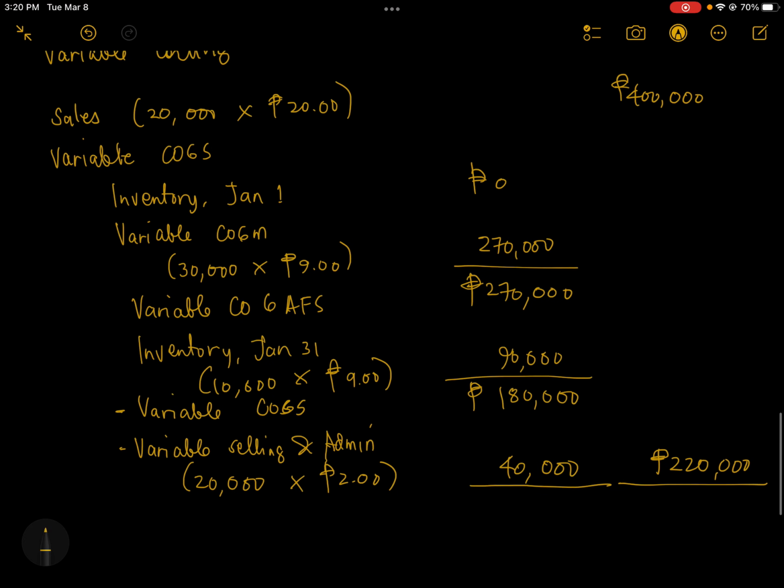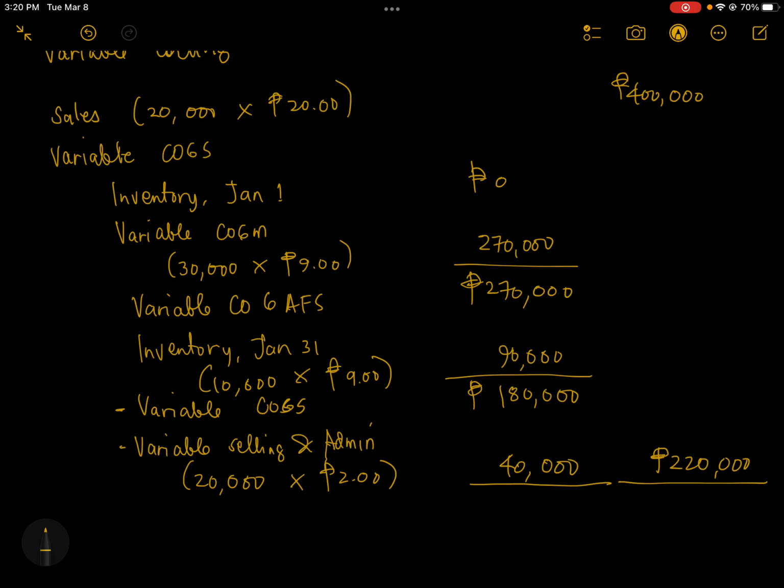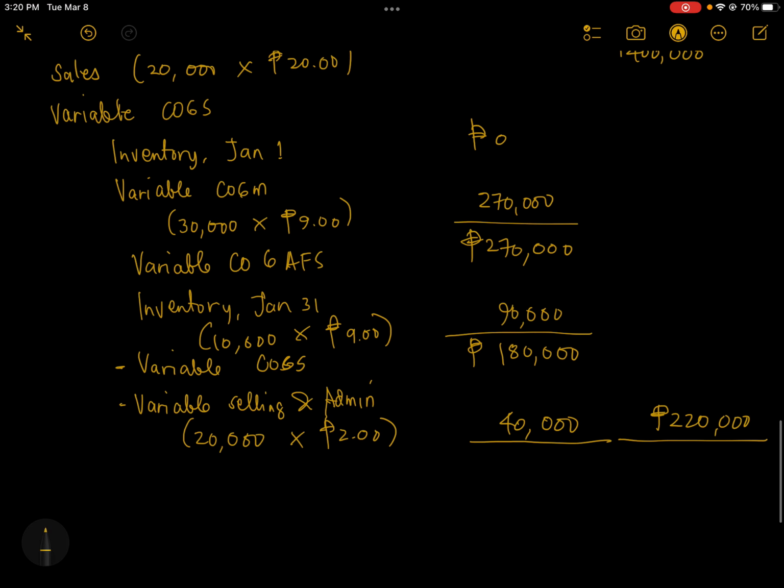And so 400,000 sales minus 220,000 variable expenses or variable cost, the difference here is 180,000. 180,000 represents the contribution margin. Okay?